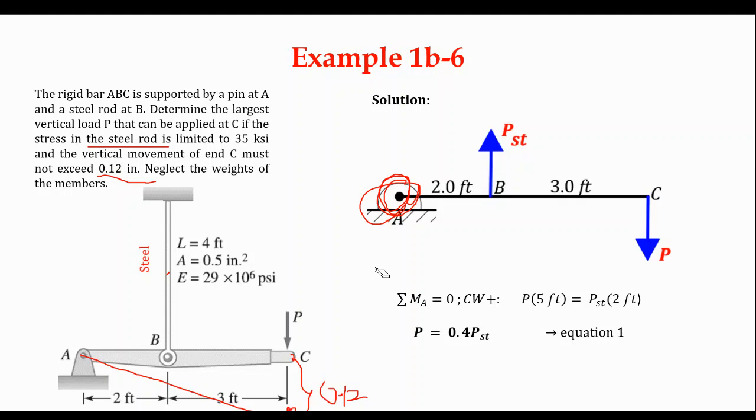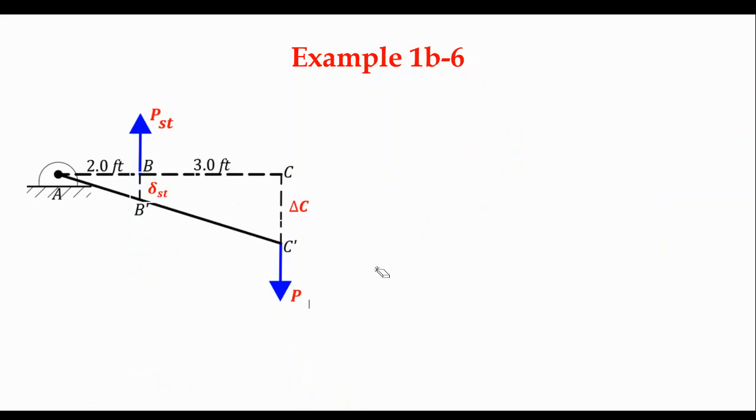Okay. Next, you have to allow the deformation to take place. The bar is pulled down at point C. The bar went down, so we call that distance delta C. And the steel, isn't it holding the bar? Since the bar went down, it has no choice but to elongate. So we call that elongation the deformation of steel.